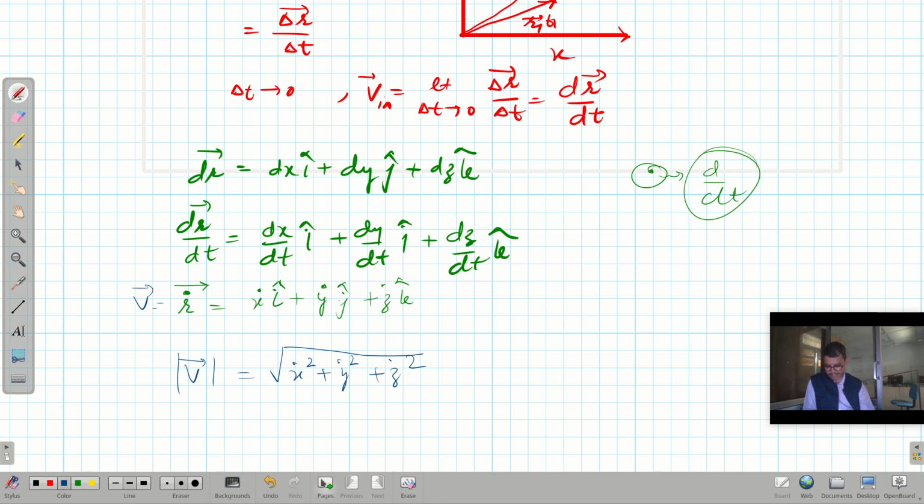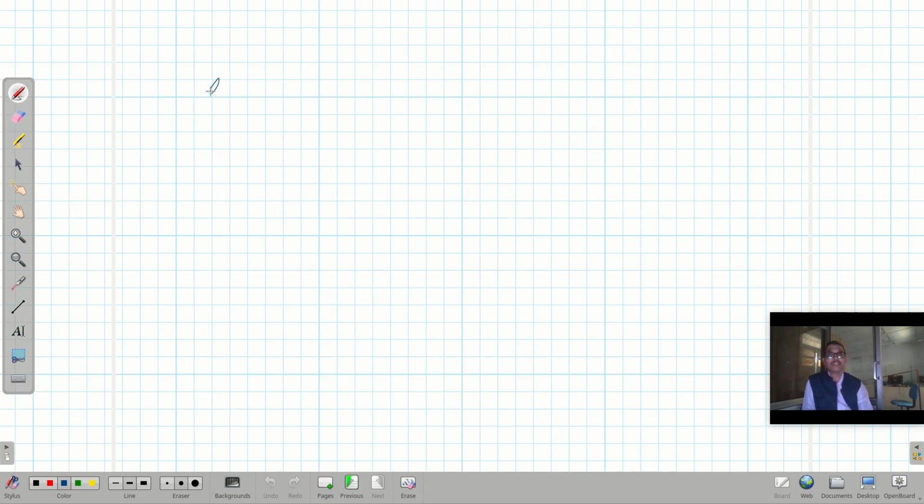Right, then let me talk about acceleration. What is acceleration? Acceleration is represented in a similar fashion: change in velocity with time, or in other words, the rate of change of velocity.